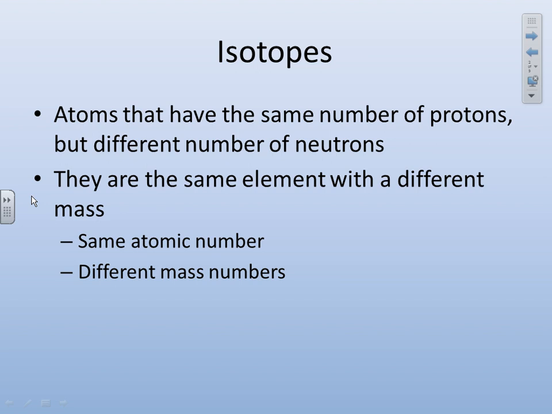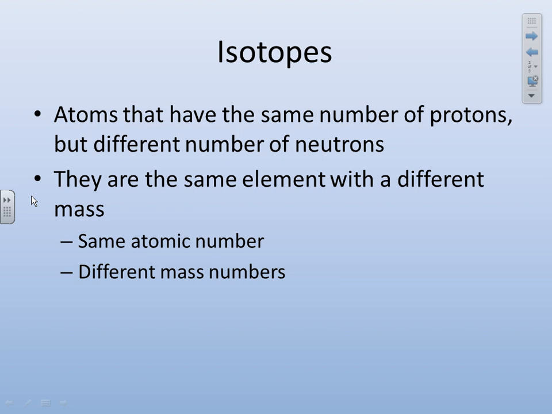So people like Democritus and Dalton that said all the atoms of a certain kind of element are exactly the same, that's not the case, right? So these atoms have the same atomic number, but different mass numbers. And we introduced on Tuesday and Wednesday how if we know the atomic number and we know the mass number, we can figure out how many protons an atom has and how many neutrons and how many electrons. We're going to have to do that a little bit more today.